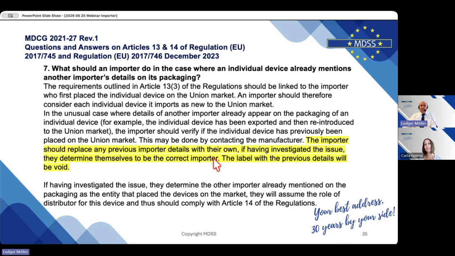So if somebody puts his name on the product, I may not prevent that, but if he can prove that he sent the product to the UK for traceability, he's going to be released from his responsibility. And the one who is not putting his name on the product and has sold it may face some legal concerns if that is being identified. May be difficult, but you never know.